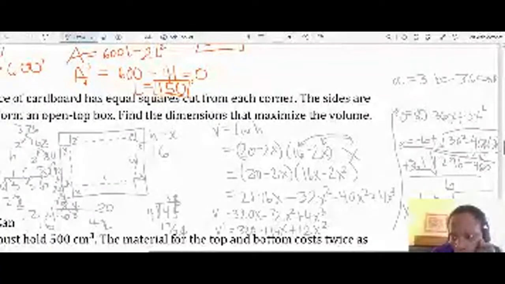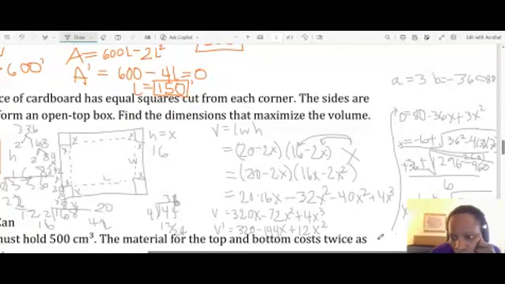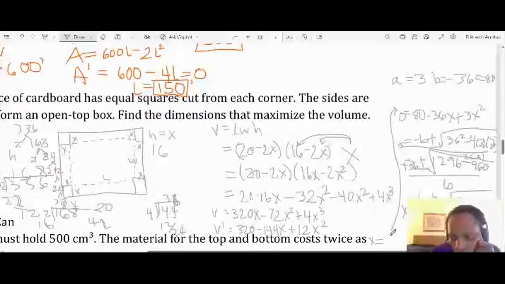Okay, so it's 6 plus or minus 4 square root of 21 over 6, which is going to be 2/3. It's going to be equal to 6 plus or minus 2/3 square root of 21.